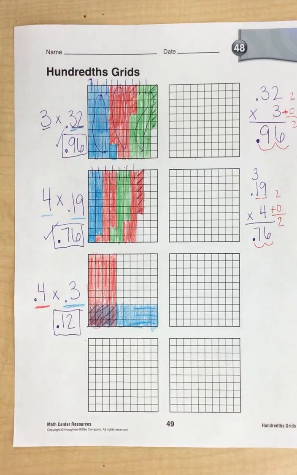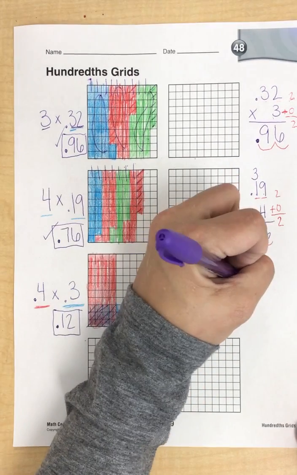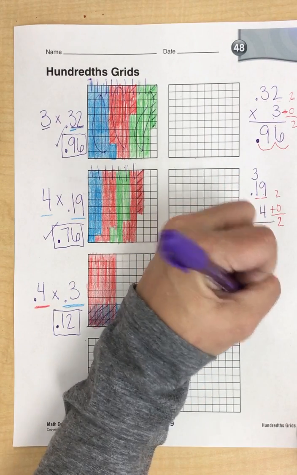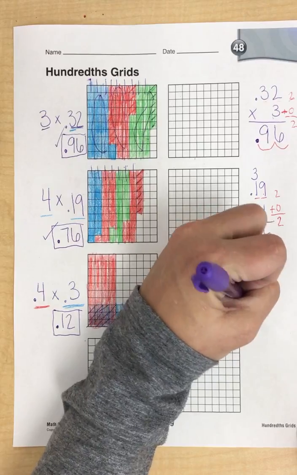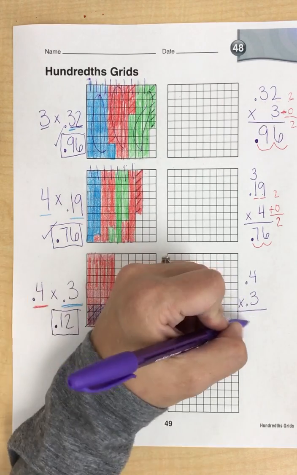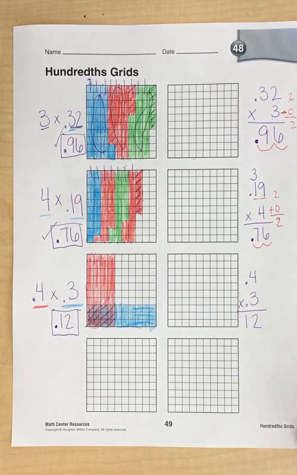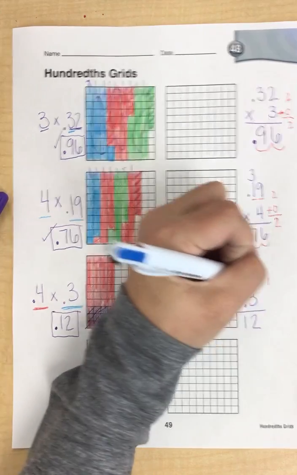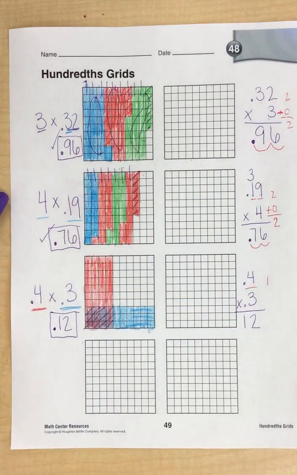Now I'm going to check my answer using the standard algorithm. So I'm going to set it up just like a normal multiplication problem. I have 4/10 times 3/10. I'm going to multiply like normal. 3 times 4, the product is 12. I have one number behind my decimal on the top row.